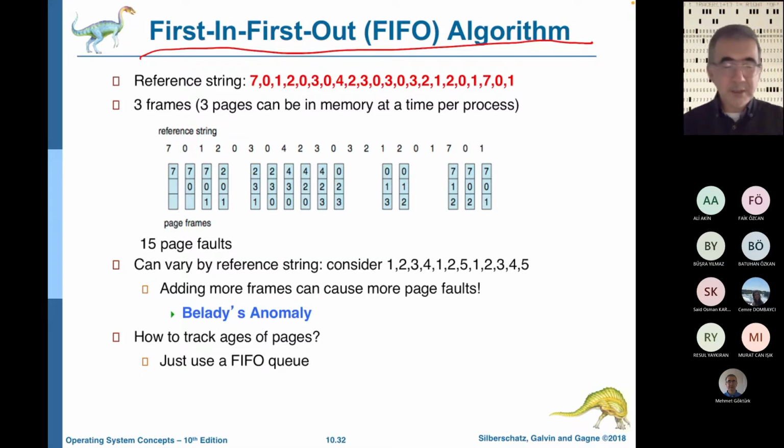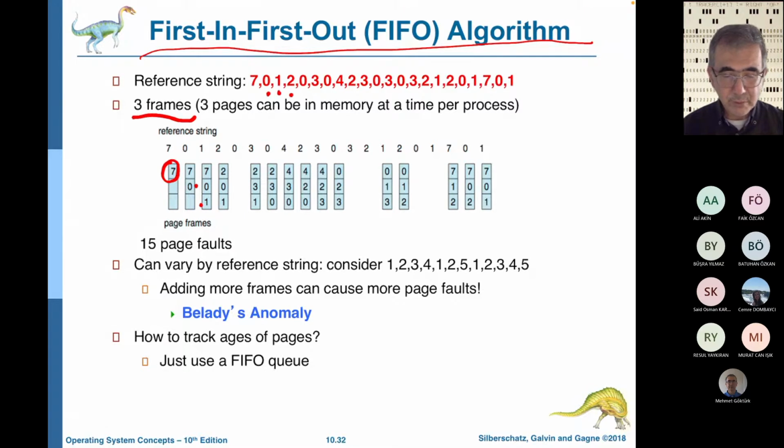So that is what we call the first in first out algorithm, and the problems are like this. When you have 3 physical frames in memory, this is the first page fault behavior. The first page will be put into memory. Second, from the reference string, 0 will be put into memory.